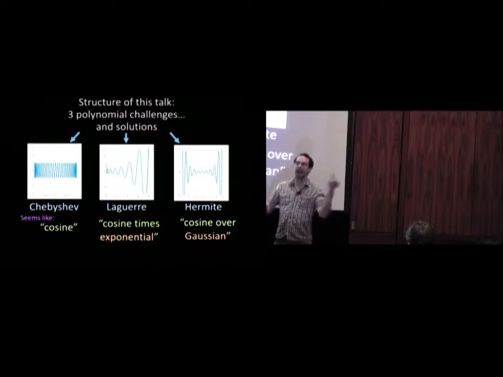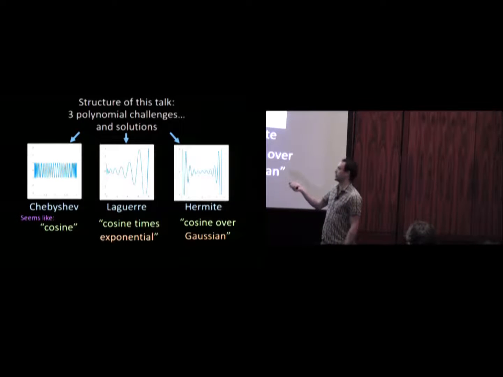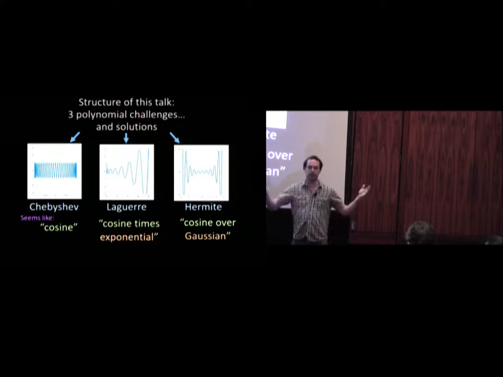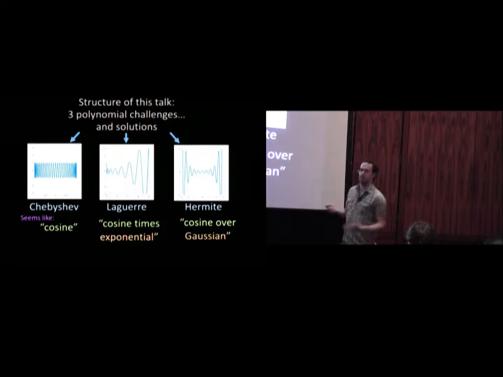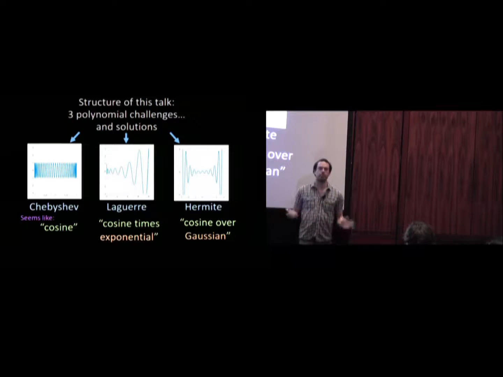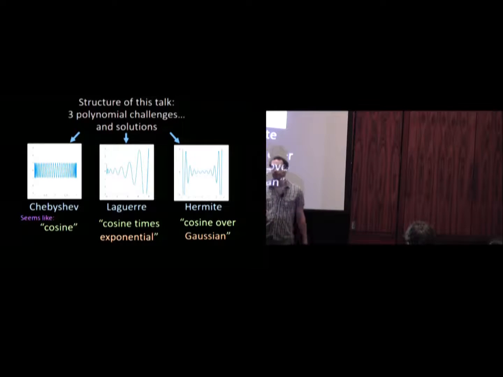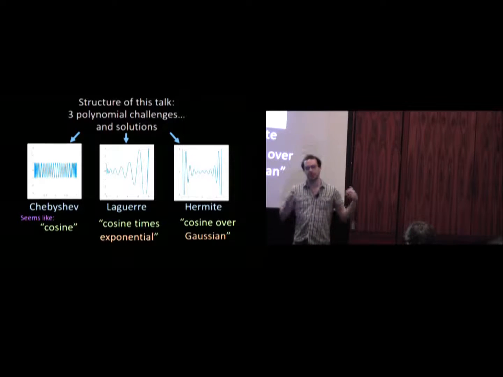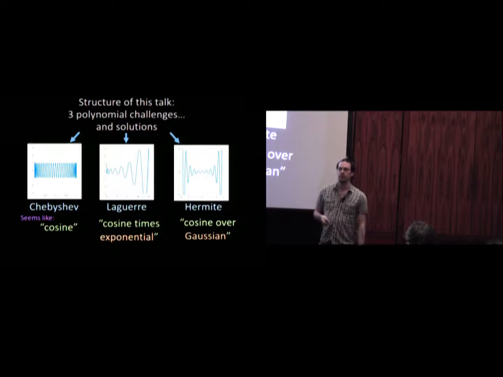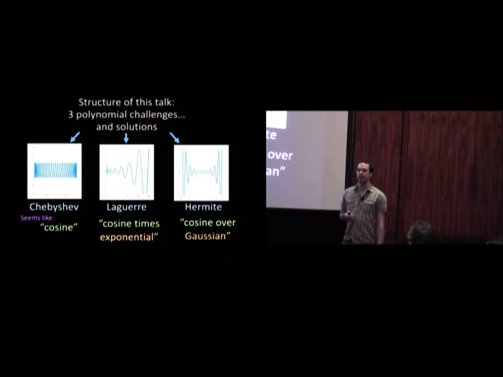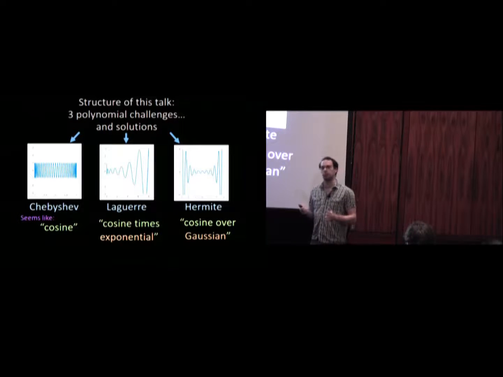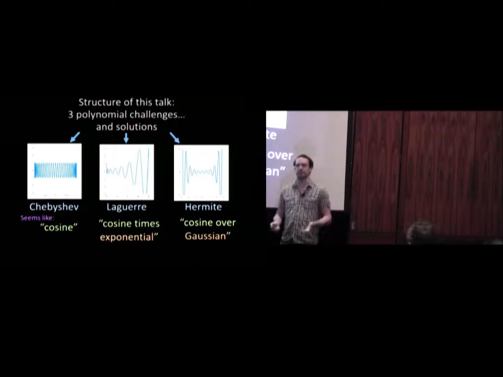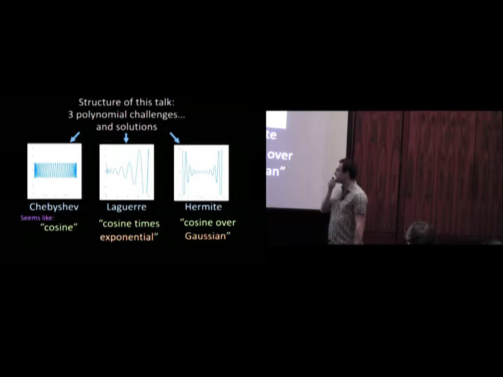If you have a domain which is half of the real line, then use the polynomials that are orthogonal on half the real line, exponential starting at 0. If your domain is a whole line, then use Hermite because they're defined on the whole line. But today, actually, we'll break all those rules, and we'll use these three polynomials successively in the same setting, where the domain doesn't change. And for our purposes, at least, this is the wrong moral of the story. Just looking at the domain of definition doesn't tell us which one we should use.